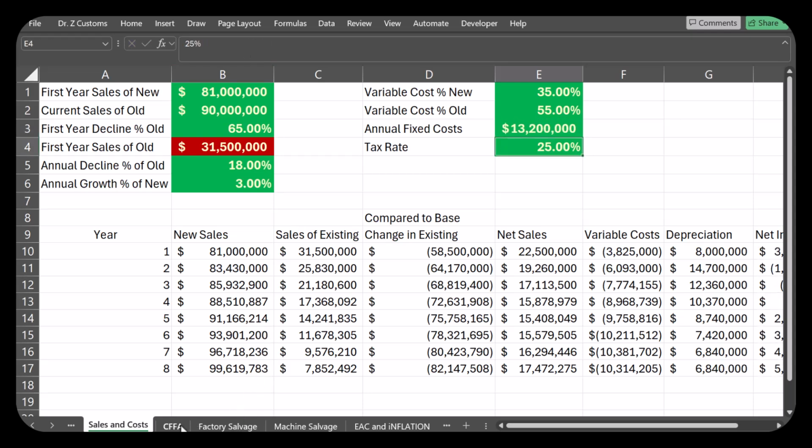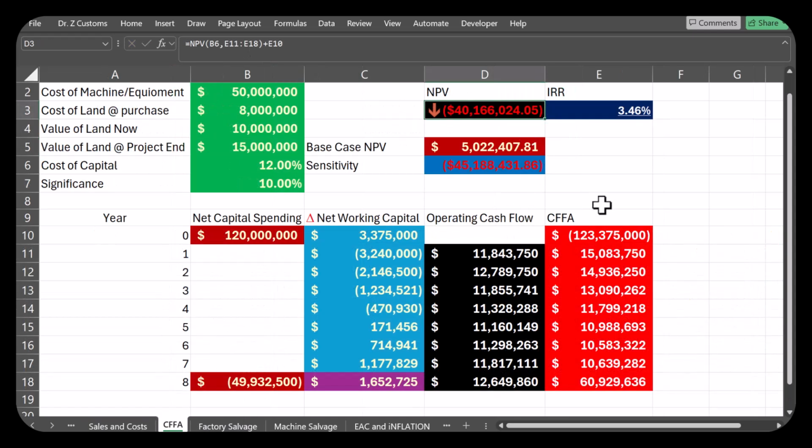And under the worst case scenario, I got negative $40 million, 40.2.